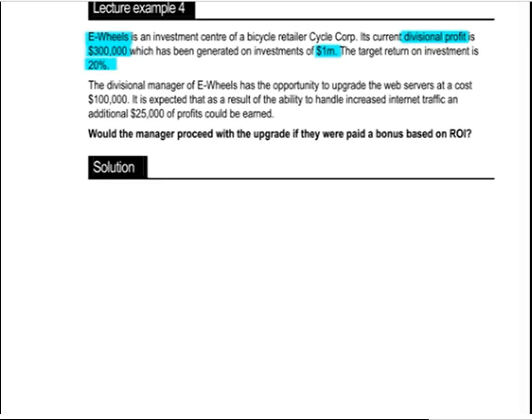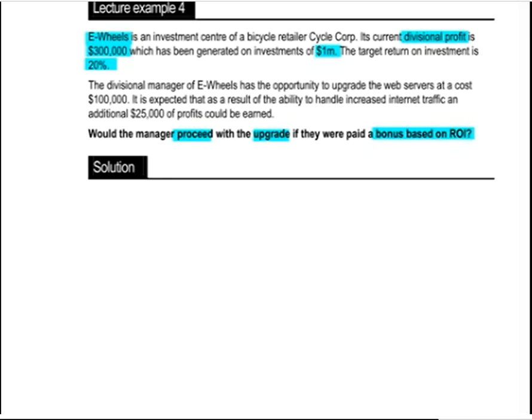We're asked, would the manager proceed with the upgrade that's being considered if their bonus is based on ROI? So we're not specifically asked to calculate ROI, but clearly that's going to be part of our investigation into this question. So take a moment to consider this new investment and the existing level of return that we're generating. Pause the recording and see whether you think we're going to get a goal congruent decision from this manager.